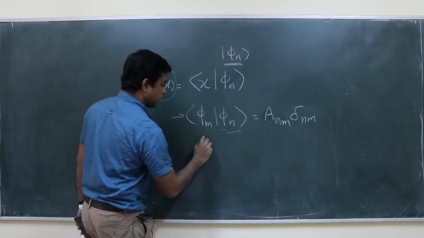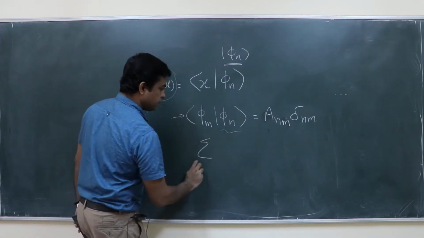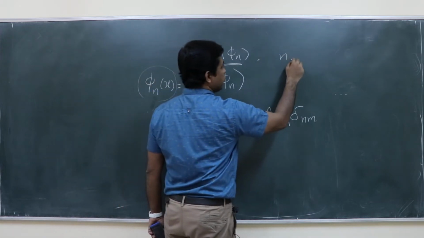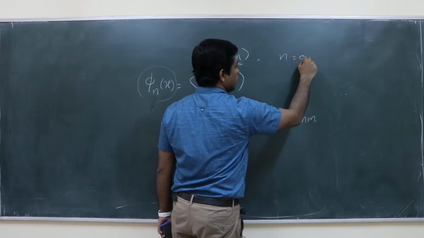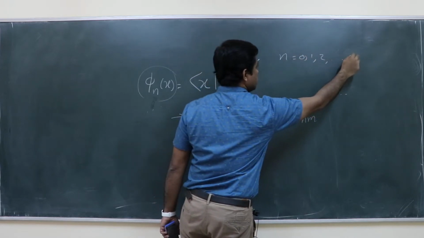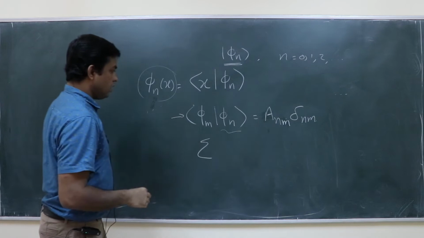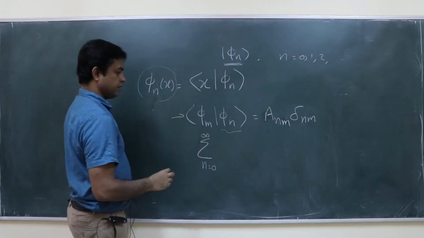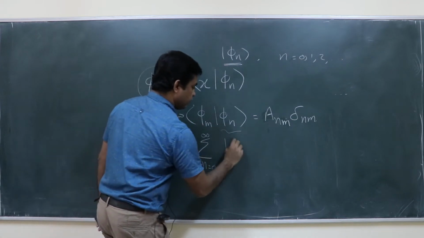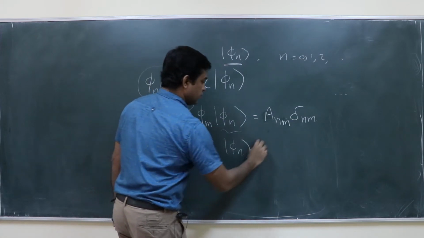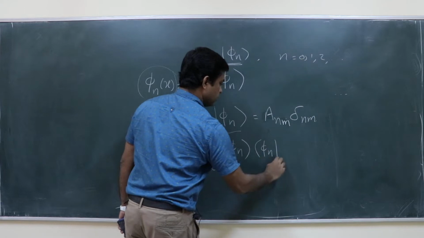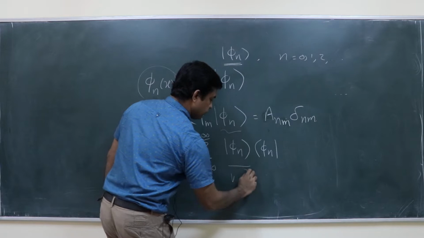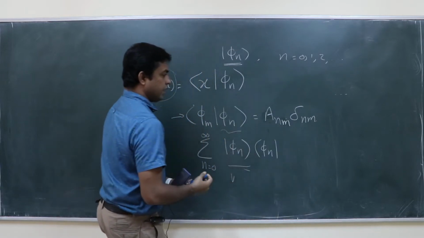The completeness relation will be a summation, where n goes from 0, 1, 2, up to infinity, of ket phi n bra phi n, because there is a n m there.